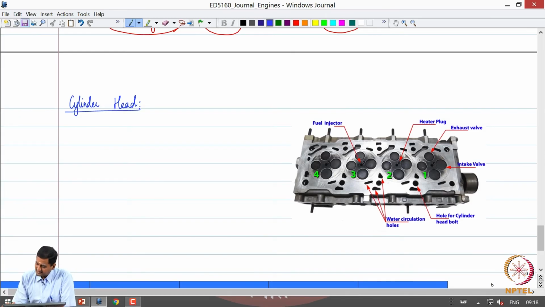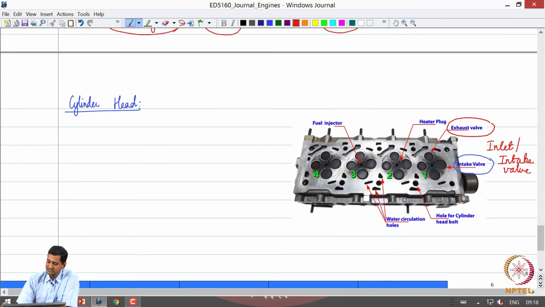You can immediately see that, of course, this is a 4-cylinder engine once again. So, you can see the numbers 1, 2, 3, 4 refer to the corresponding cylinder number, and you can see that there are what are called intake or inlet valves. Okay. These are also called inlet or intake valves, and there is what is called an exhaust valve for each cylinder, and there are paths for circulating the engine coolant, or water, for cooling the cylinder head also, because all engine components are going to get hot.